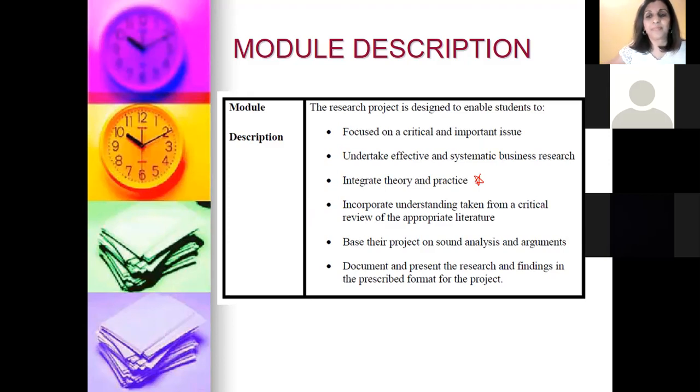Critically examining. And then having arguments. Why are you saying that? Why do you say that the organization is having that problem? What do you have to put in to show support that what you are saying is true?